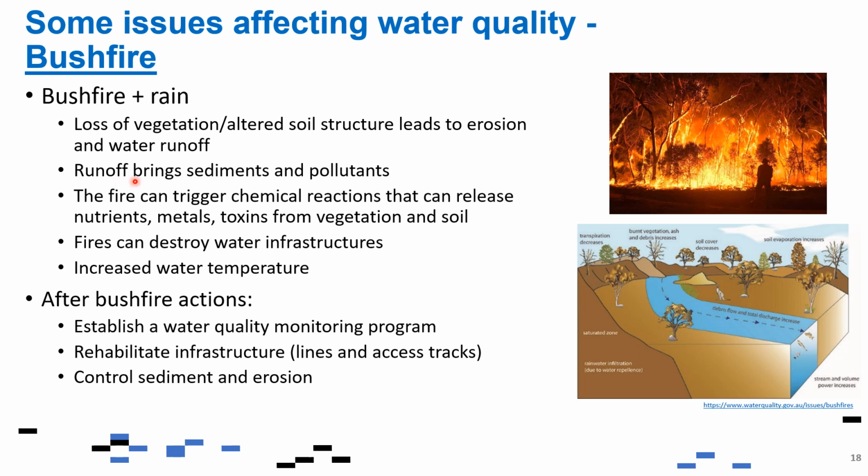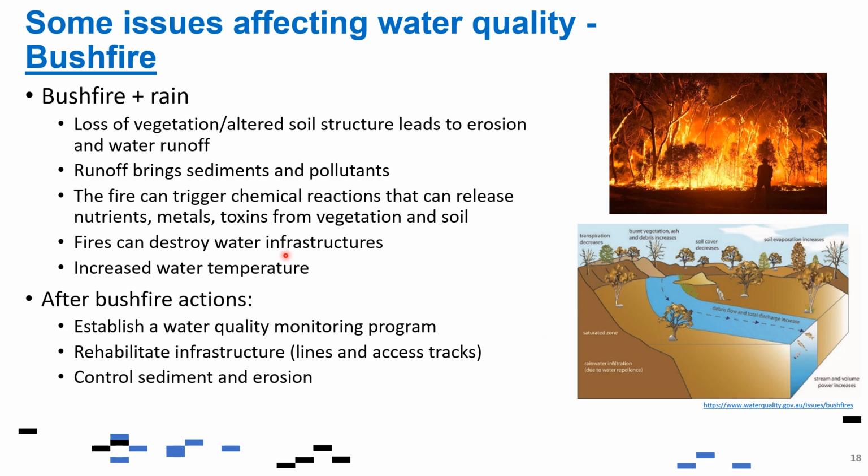This runoff brings sediments and pollutants together, especially when rain comes after a bushfire, and there will be a lot of runoff going towards a water body. The fire can also trigger chemical reactions that can release nutrients, metals and toxins from the vegetation and soil.